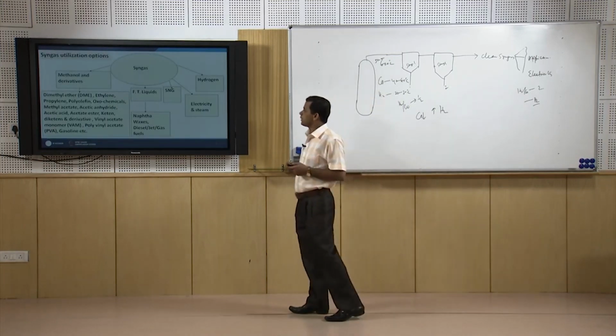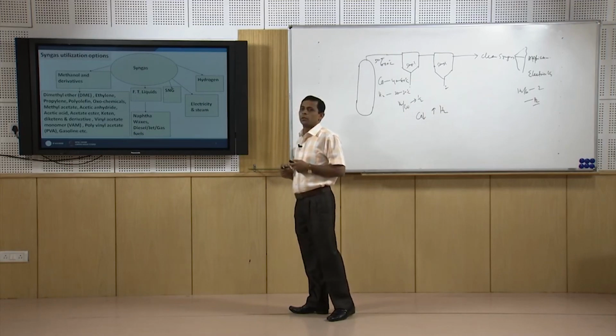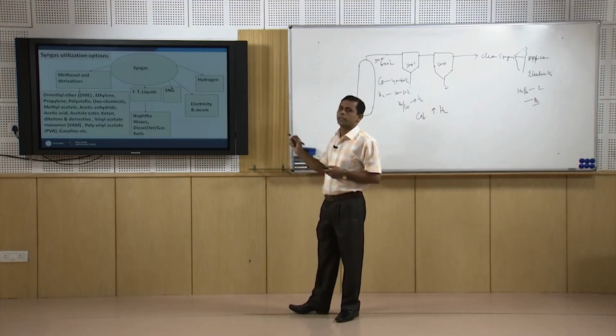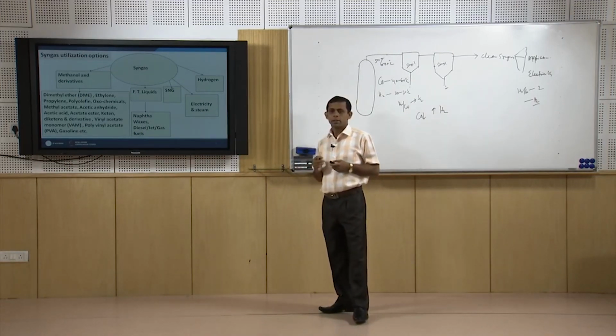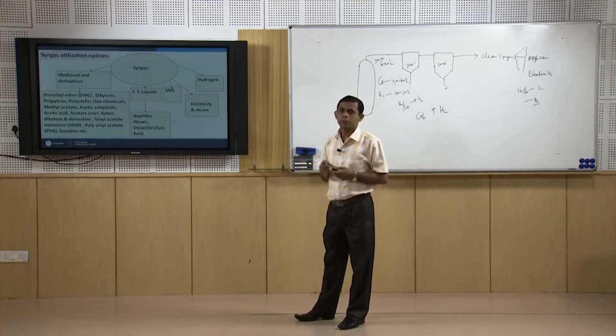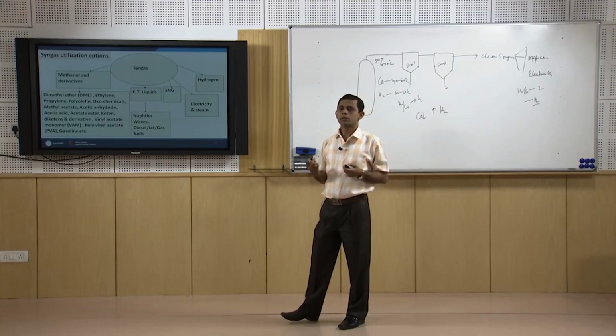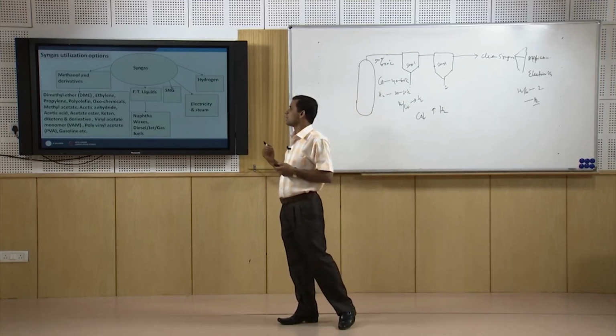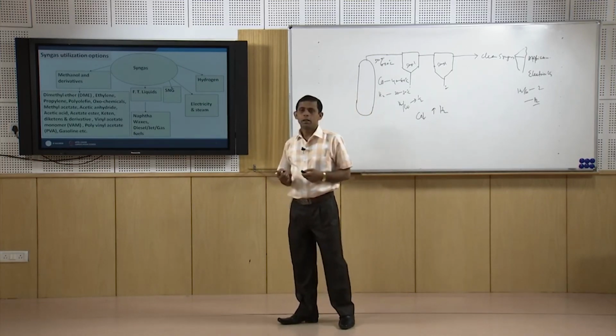Here we can see that from syngas we can get hydrogen, electricity, SNG, FT fuels, that is diesel, petrol and other FT fuels, and we can get methanol and many chemicals.